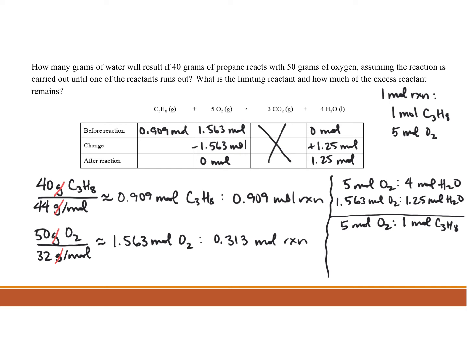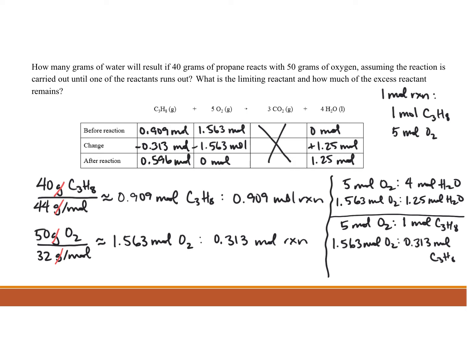So if you have 1.563 moles of O2, divide that by 5, you get 0.313 moles of C3H8 that are consumed. So we'll say this is minus, because that's being consumed, 0.313 moles. So in the end, you have 0.596 moles of C3H8.